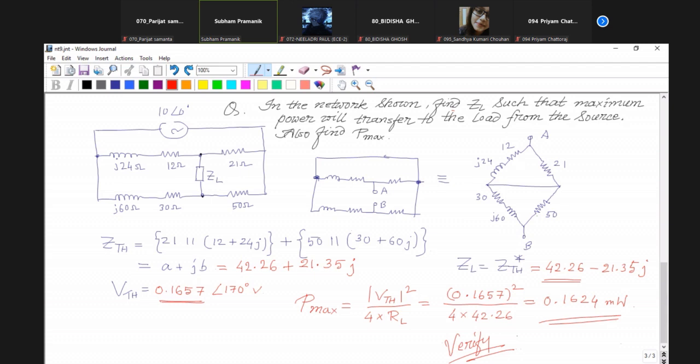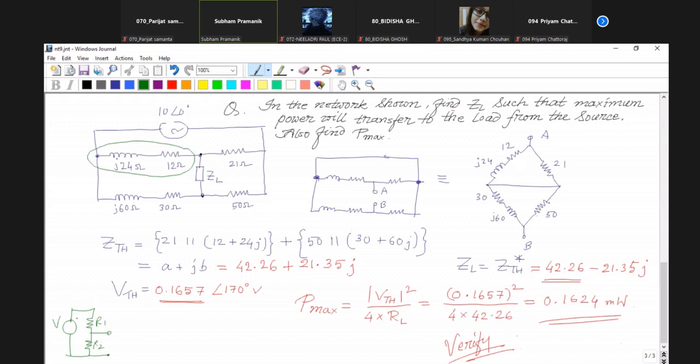Hopefully you know what voltage division is. Like this. Suppose there is a voltage of V and there are two resistances like R1 and R2. Suppose if I want the voltage across R2, you can find the voltage across this part in this way. How will you do that?